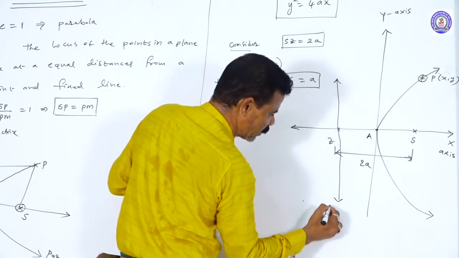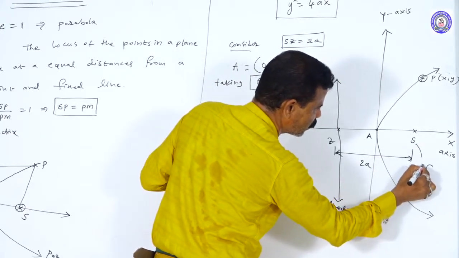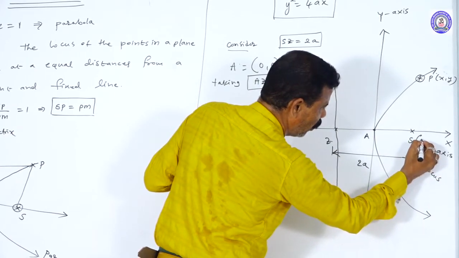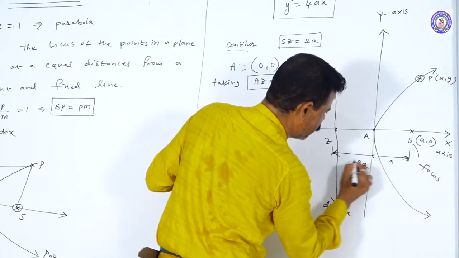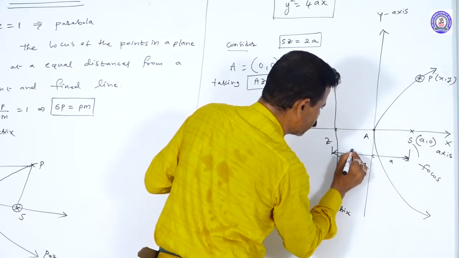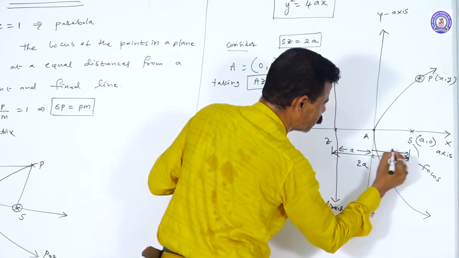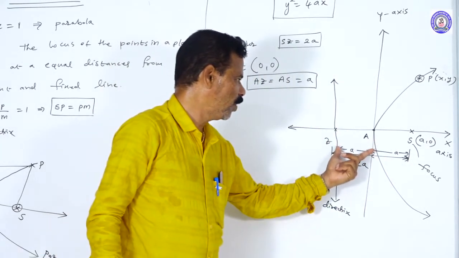This is the directrix. This is the focus. So focus coordinates are a, 0. That's why this is a distance. This is also a distance. These are the equal distances.